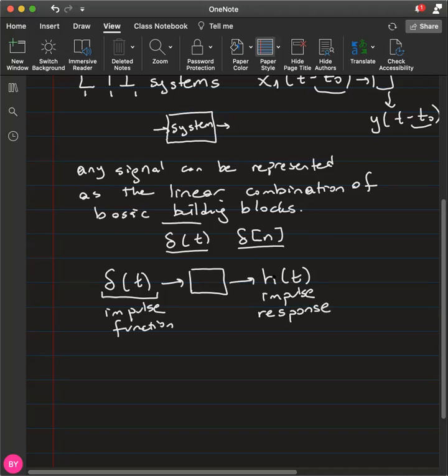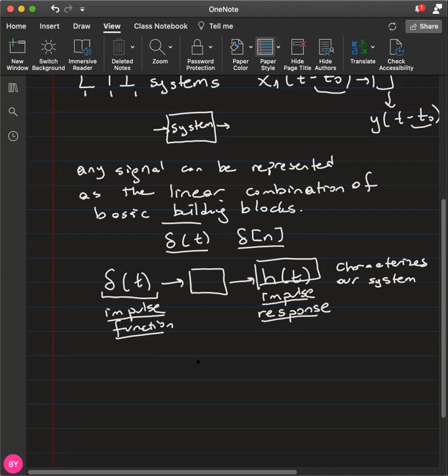Why is h of t important? Because h of t characterizes our system. How does it behave? What kind of a system is this? Is it a linear system? Is it a causal system? Is it a stable system? We will talk about all these properties of systems, and we will mainly analyze h of t. It is called the impulse response. My input is the impulse, darbe fonksiyonu. My output will be darbe tepkisi, the impulse response.